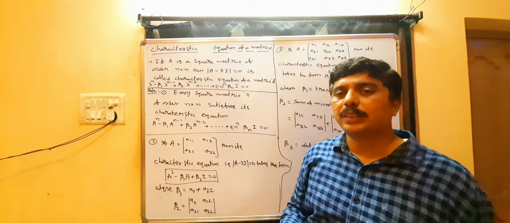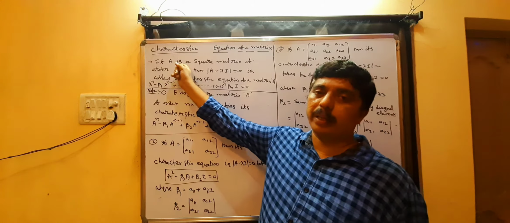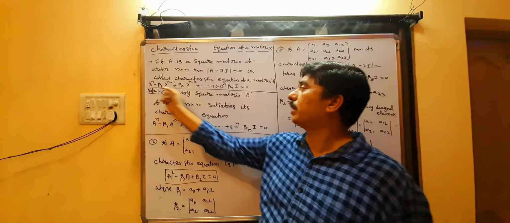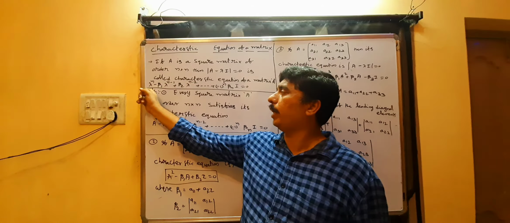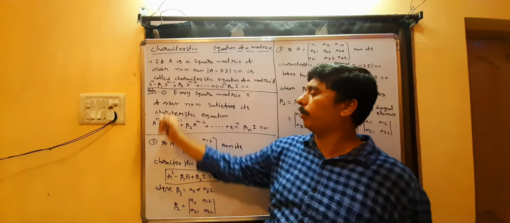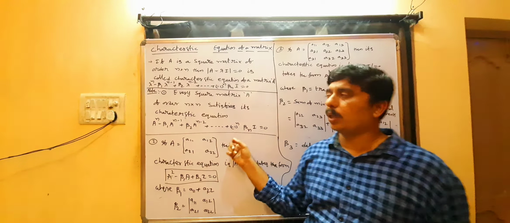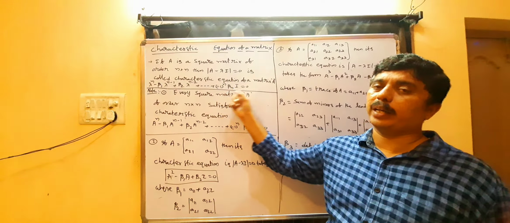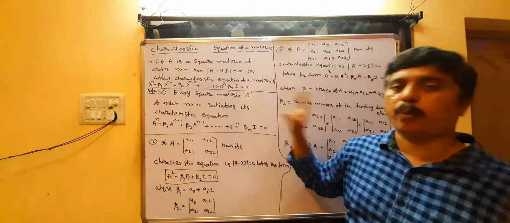Now A is a square matrix and A satisfies this characteristic equation. In place of lambda, you have to substitute A. That is, A power n minus beta 1 into A power n minus 1 plus beta 2 into A power n minus 2 plus and so on, minus 1 whole power n into beta n into I equal to 0. Up to this is the definition and note point.